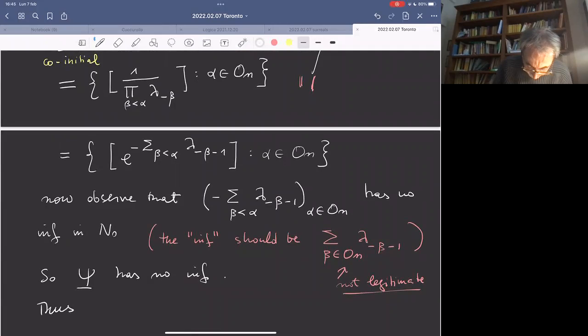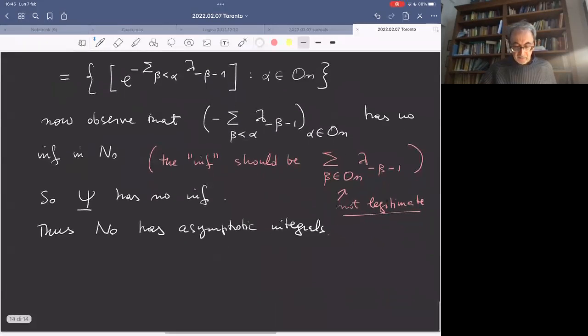Thus, no asymptotic integrals. Okay, and now we want to go from asymptotic integrals to actual integrals. Let's see if I can do it in 10 minutes, maybe yes.